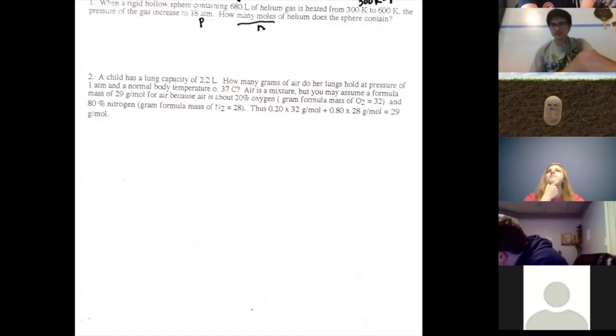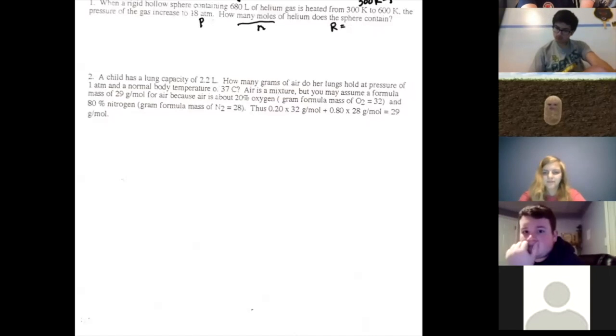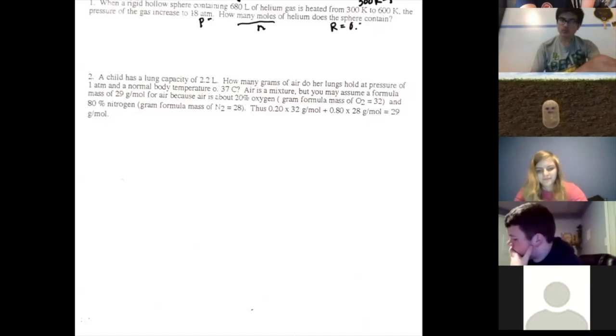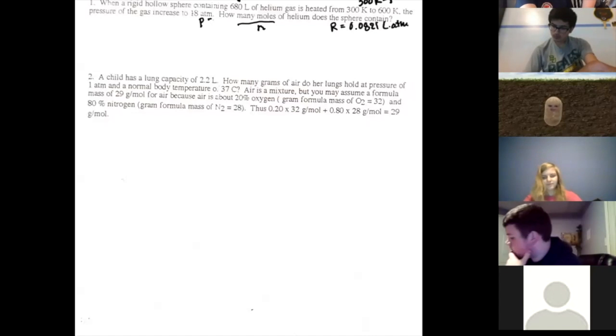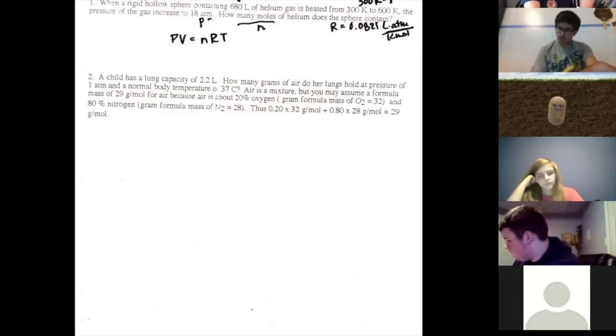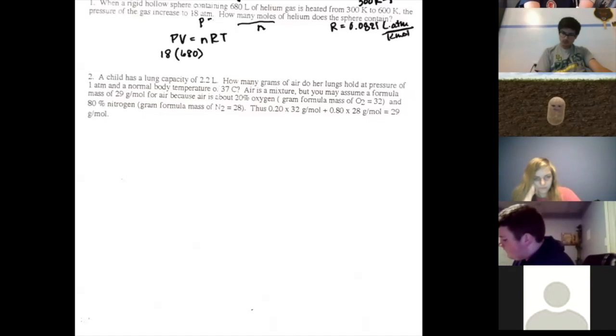The missing piece is our R value in order for us to use PV equals nRT, but our pressure is in atmospheres, so we can just use 0.0821 liter atmosphere per Kelvin mole. Okay, so PV equals nRT is the equation. So we're just going to substitute our values. 18, and I'm going to drop off units. 680 is the volume in liters.